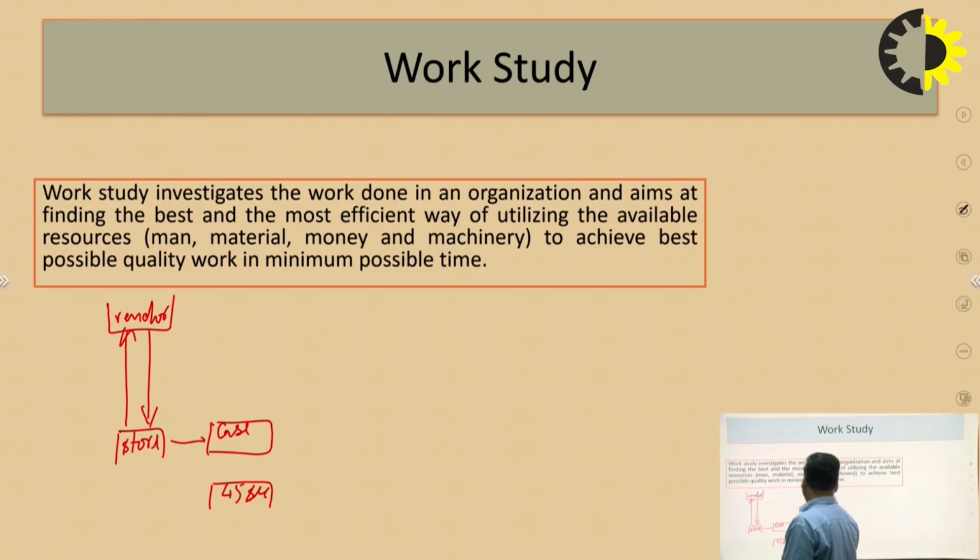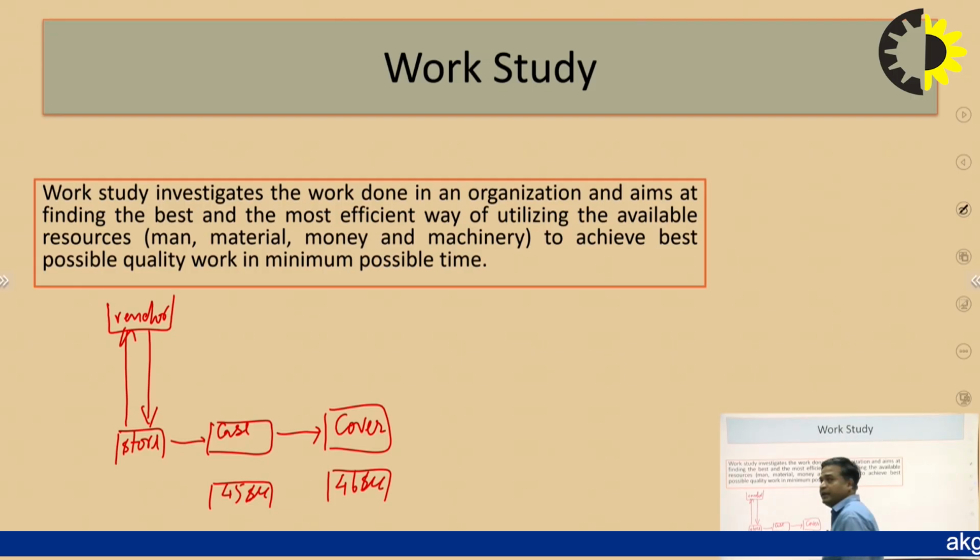Now we have the cover also, and suppose the cycle time is 46 seconds. Cycle time is basically the time used in making one complete piece. So for one complete piece made by the injection molding machine, it is 45 seconds for the case and 46 seconds for the cover. And in between we have the foam.